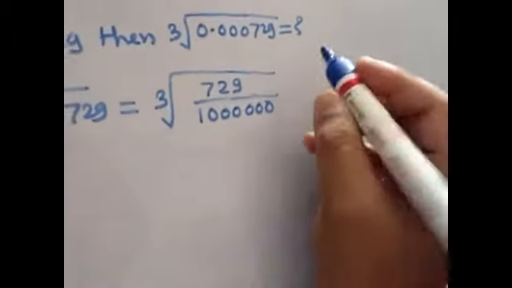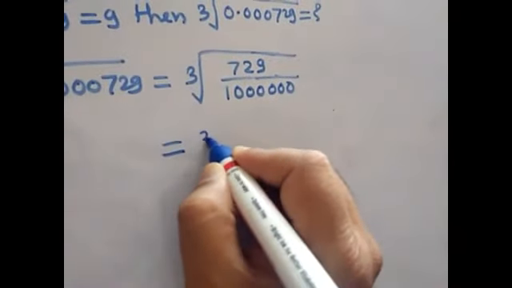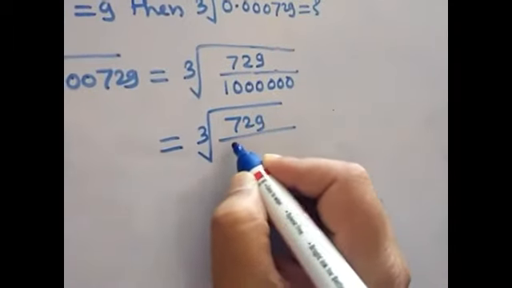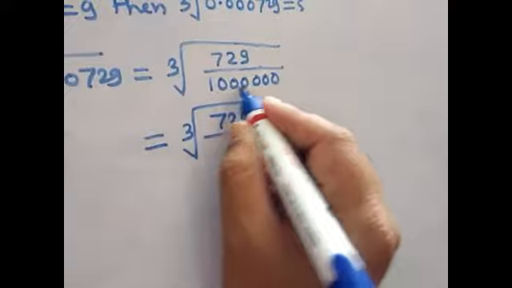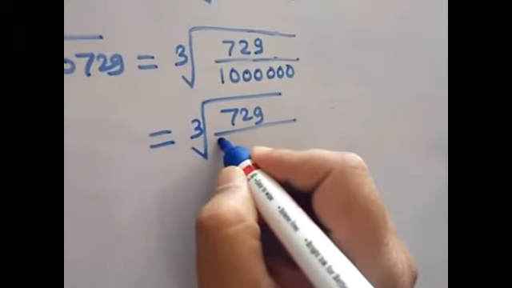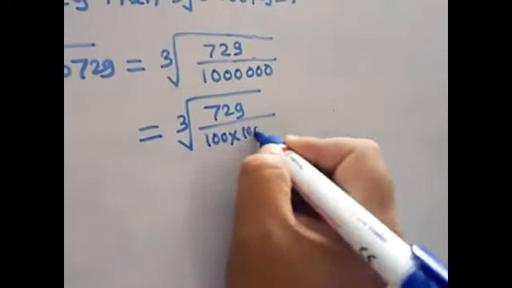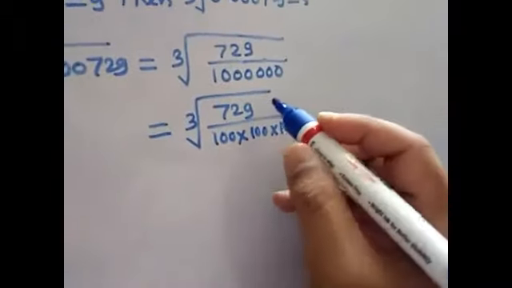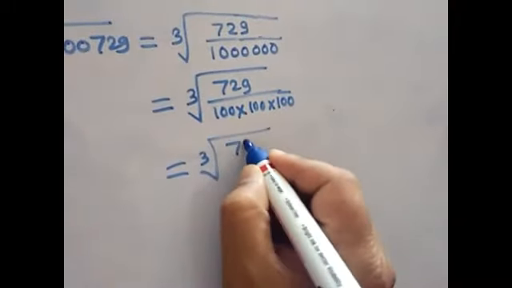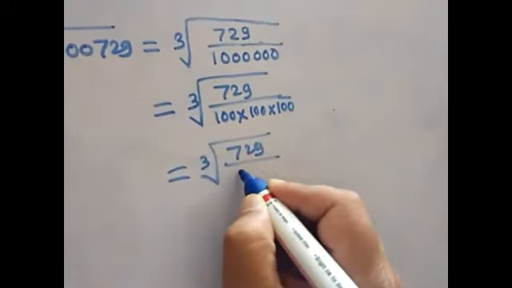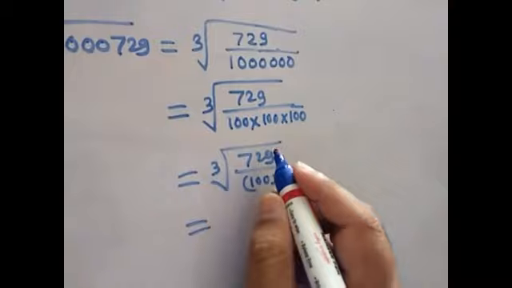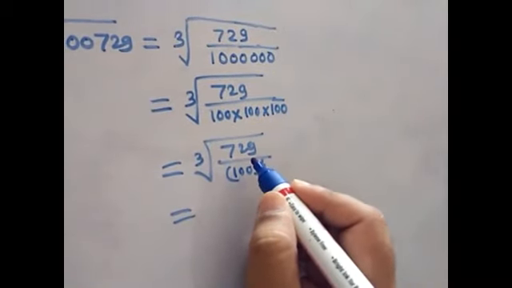Okay, now we write cube root of 729 upon 100 into 100 into 100, so we can write cube root of 729 upon cube root of 100 cubed.